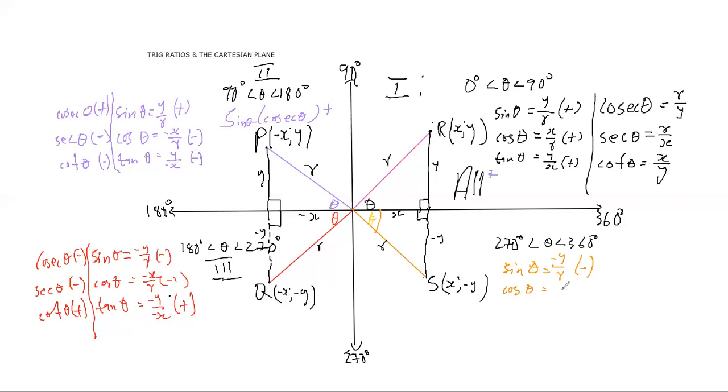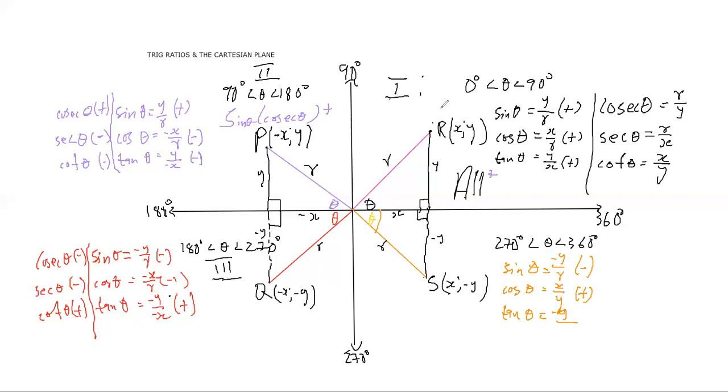Cosine of theta is adjacent, which is x, the hypotenuse is r, that is positive. Tan of theta, we can see the opposite is minus y, and the adjacent is x.